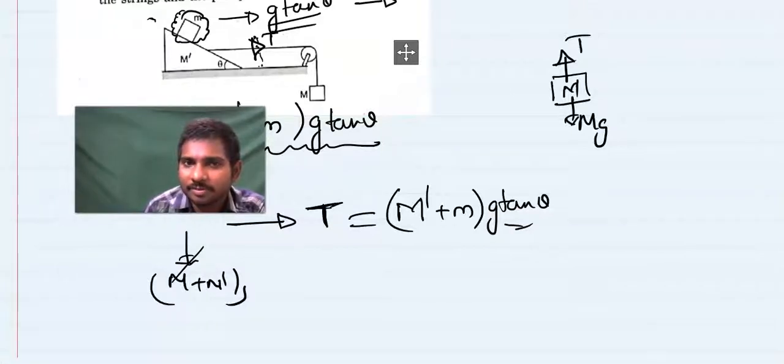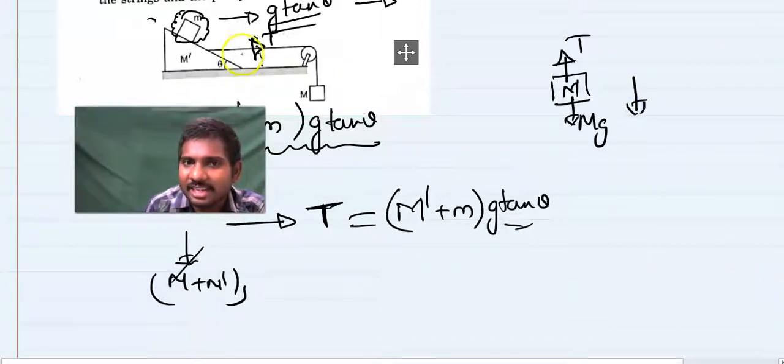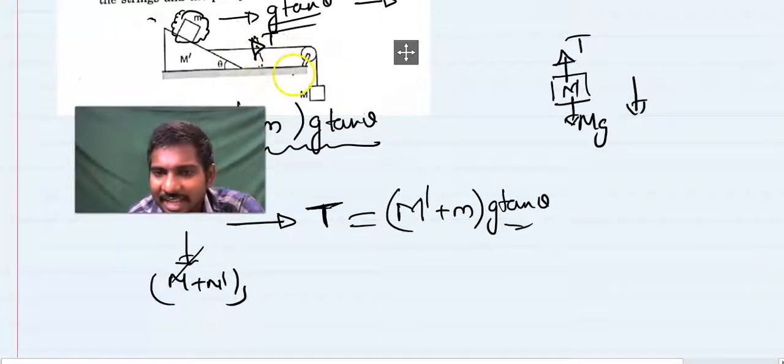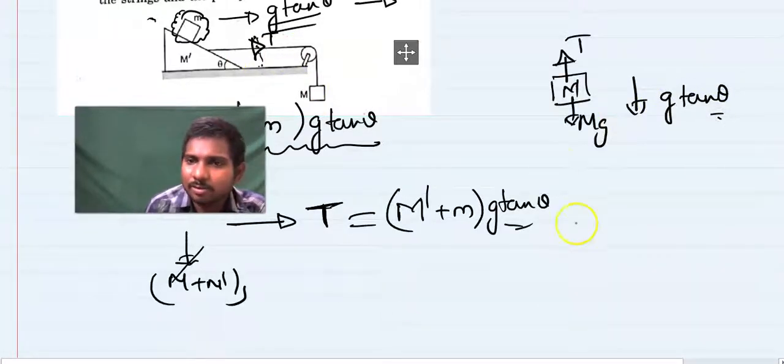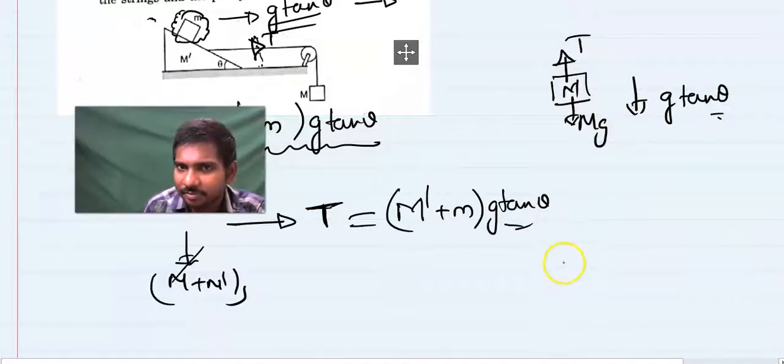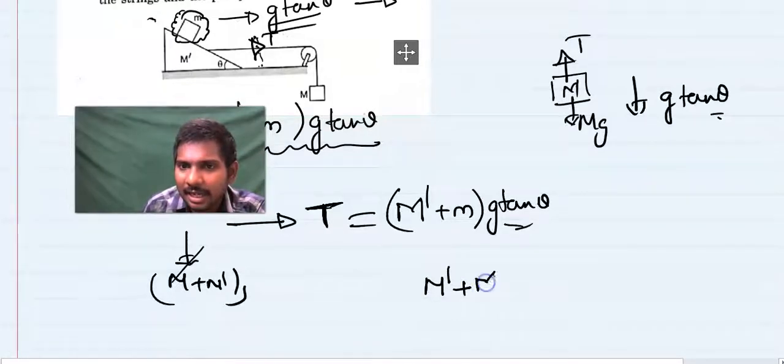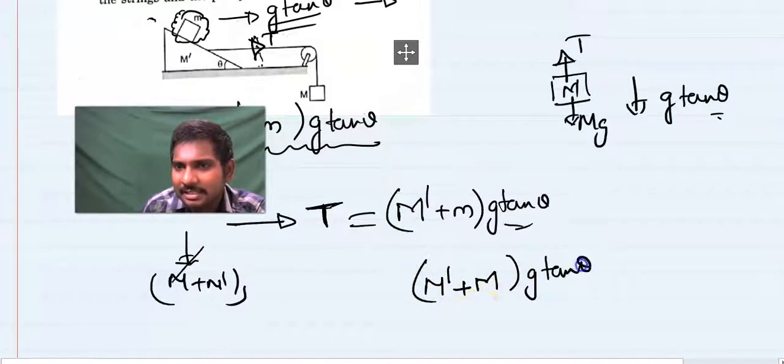So if the wedge is going horizontally with an acceleration g tan theta, this block will also go downward with an acceleration g tan theta. Now writing the equation for it, tension is equal to (m' + m) g tan theta.